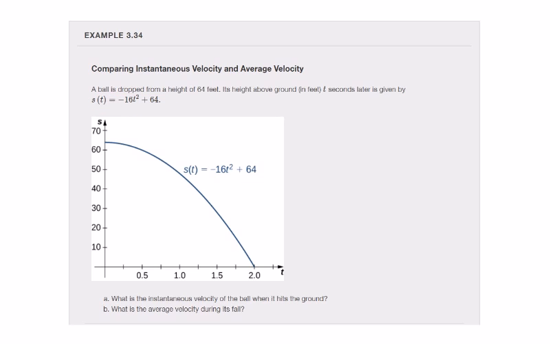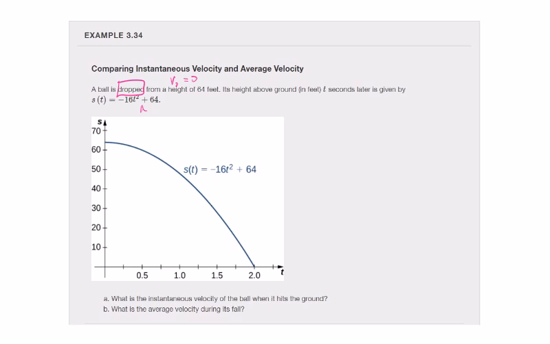Negative 32 feet per second squared is the acceleration of gravity, and so in the formula you always have half of that before the t squared, and then 64 would be the initial height. And since it's dropped, that means the initial velocity is 0, and so that's why you don't see a value with the t next to it, because the initial velocity is 0 when you drop something.